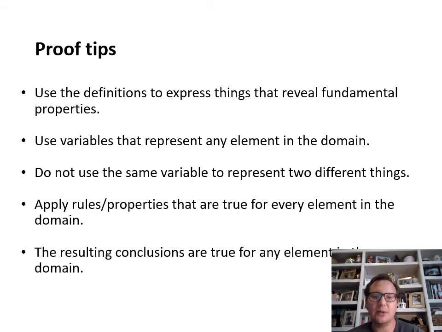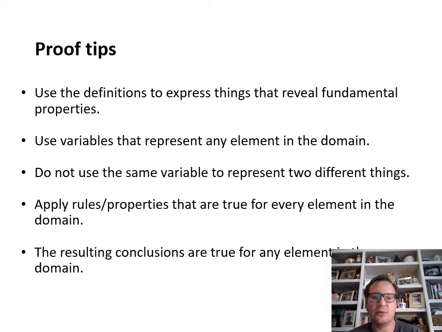The variables that we use in proofs represent any element in the domain. So that's how we are doing proofs for all integers, for example. Then you should not use the same variable to represent two different things. So if two things in your proof are potentially not always equal, then don't use the same variable for them.